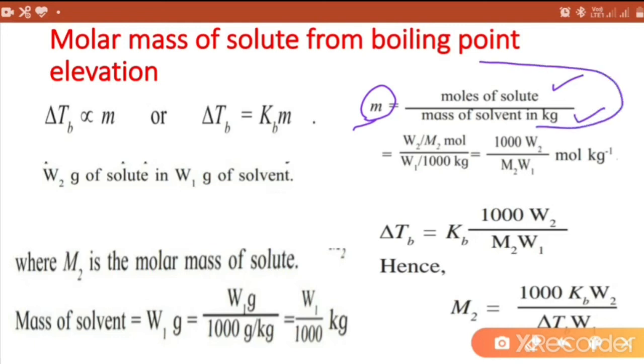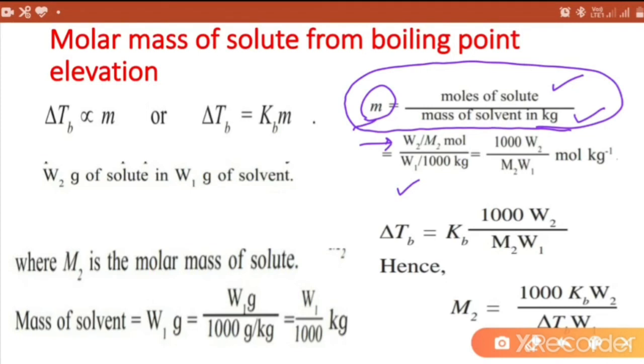This is according to the definition of molality: number of moles of solute per kg solvent. So number of moles of solute is W2 divided by M2, and mass of solvent in kg is W1 divided by 1000.